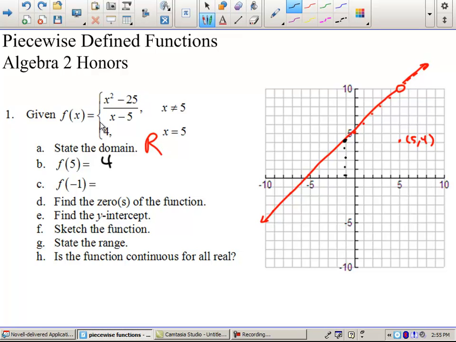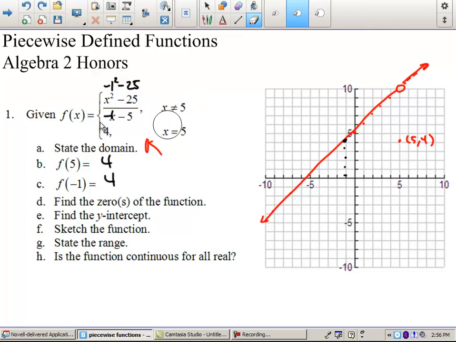Let's check and make sure. Negative 1 is not 5, so it belongs to this equation. If I plug in negative 1, negative 1 squared is 1. 1 minus 25 is negative 24. Negative 1 minus 5 is negative 6. Negative 24 divided by negative 6 is equal to 4. So sure enough, f of negative 1 is equal to 4.